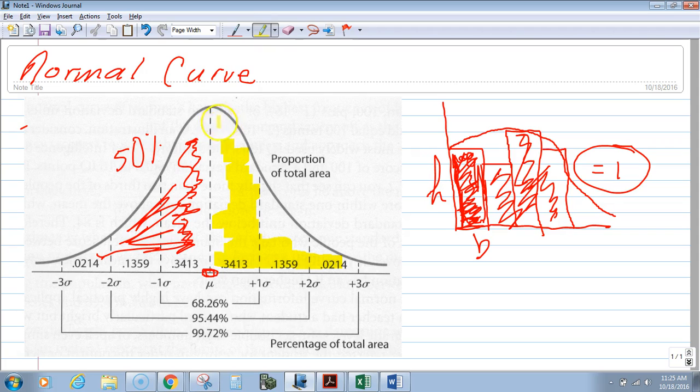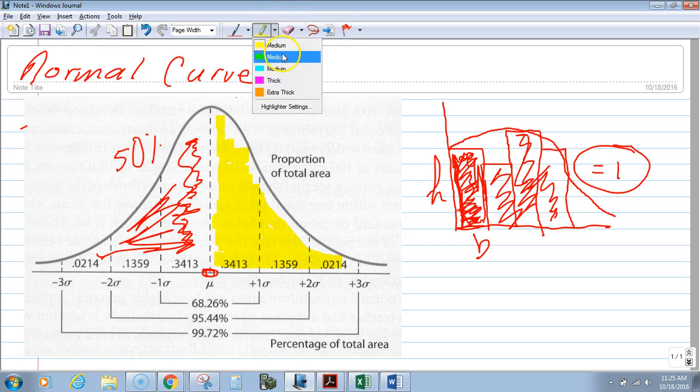So each half is going to look exactly the same. If we folded it around that mean line, the middle line, each half is going to be the same. Okay, good. So 50%, 50%.